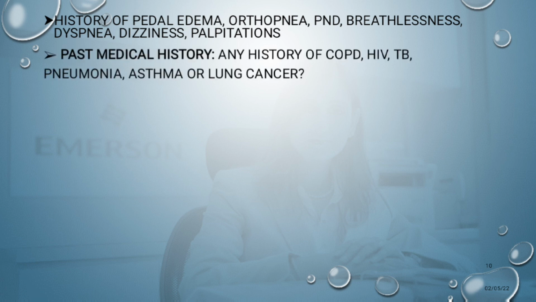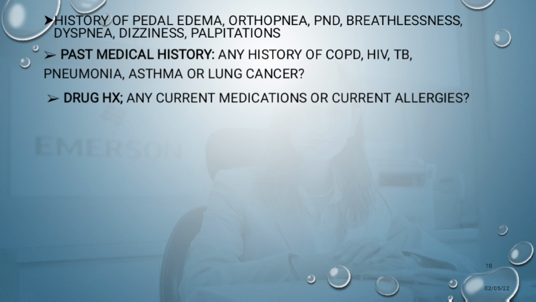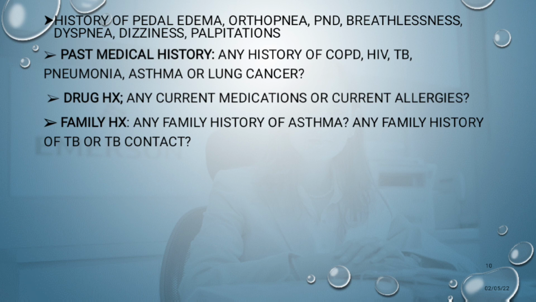Ask for any past medical history, or any history of COPD, HIV, TB, pneumonia, asthma, or lung cancer. Then drug history: ask for any current conditions, current medications, or current allergies. Then for family history, ask for any family history of asthma, any family history of TB or TB contact.